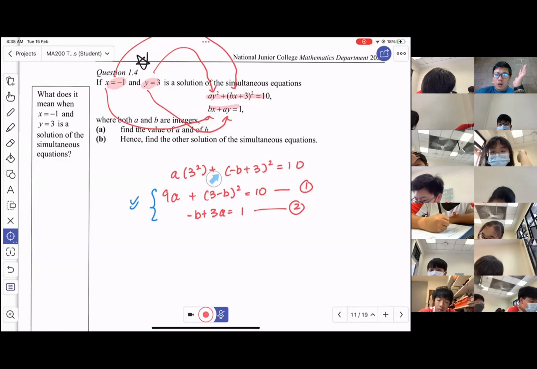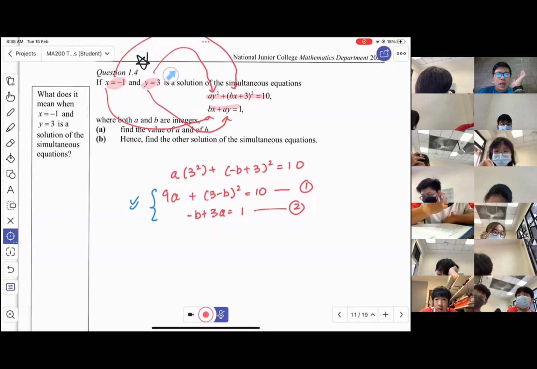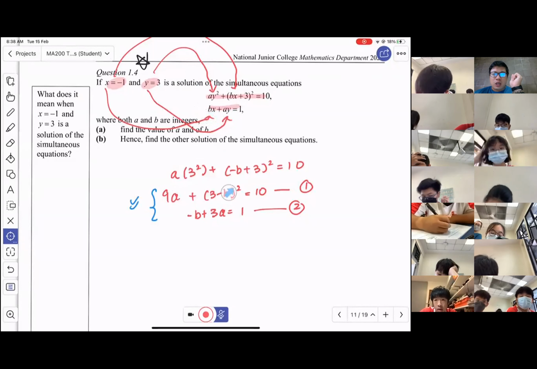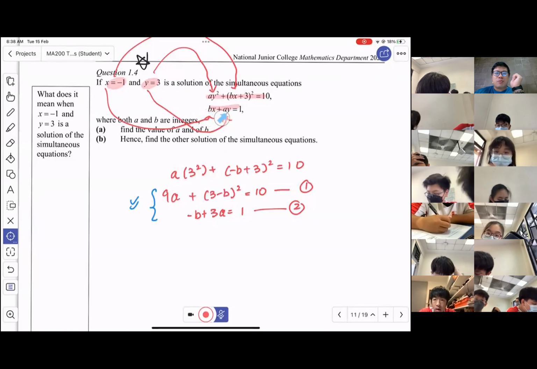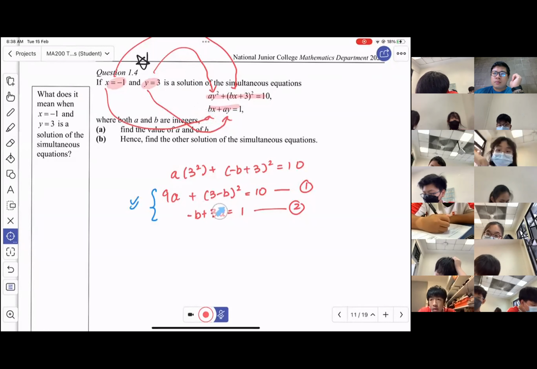So here, 9a plus 3 minus b, because I substituted y as 3 and x as -1. That gives me an equation in terms of a and b. Second one, bx plus ay, I substitute x as -1, and it equals 1. So that also gives me the second equation.